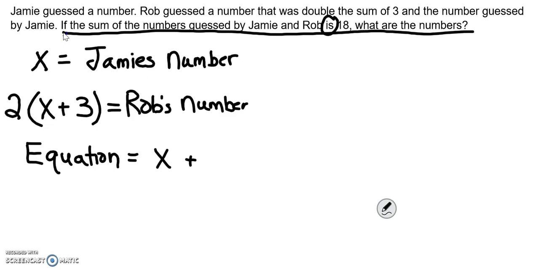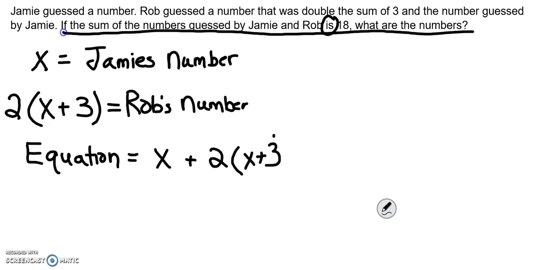Look right up where we just wrote how we write Rob's number. We have it on the board. How do we write Rob's number? A 2, parentheses x plus 3. Exactly.